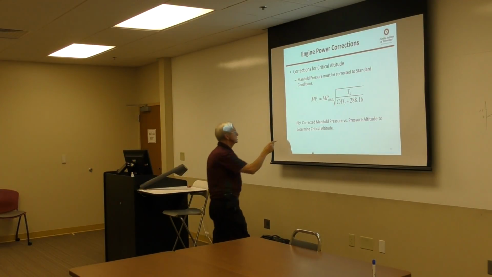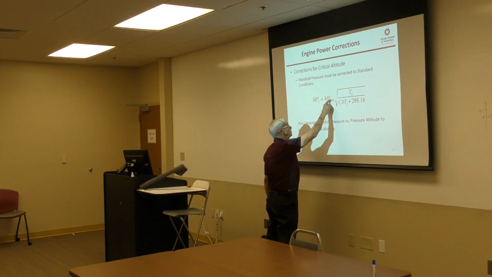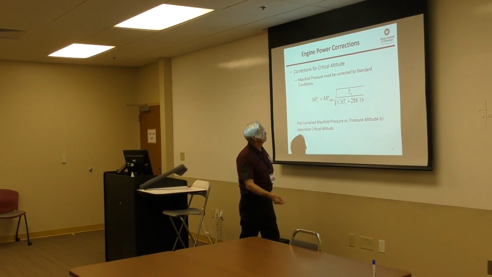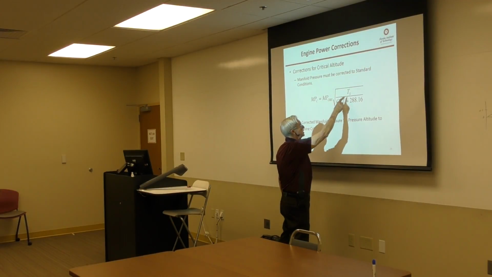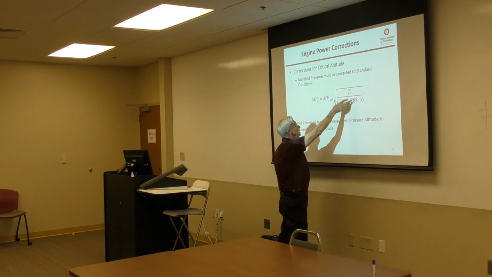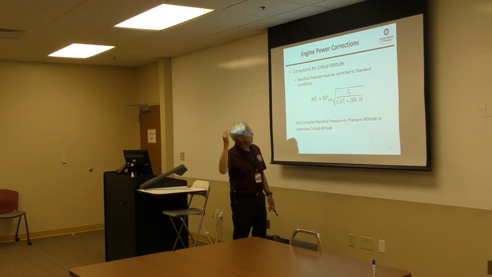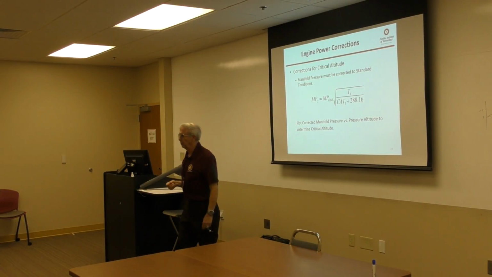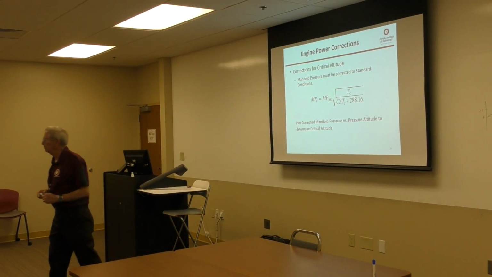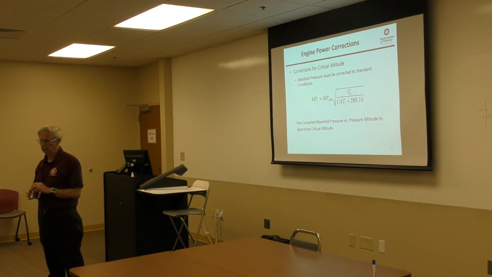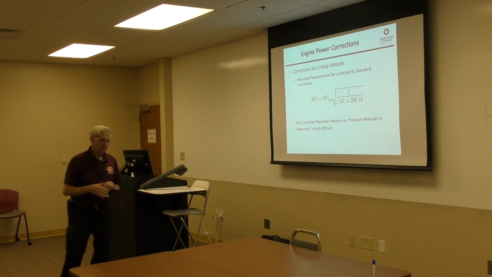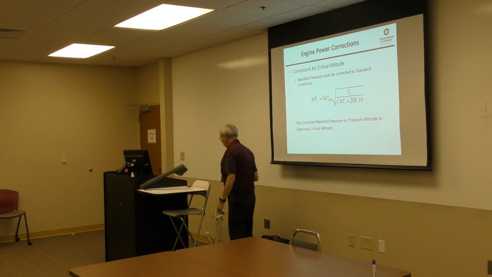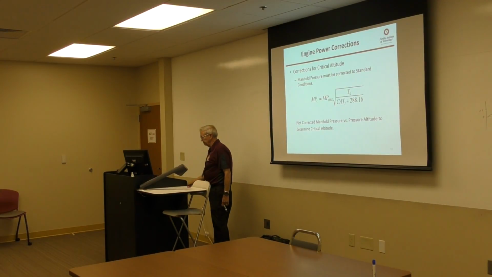So this is the observed manifold pressure that you see as you're going to altitude, and you're reading temperature at the same time. So again, here's our square root equation times the manifold pressure, which gives you the actual manifold pressure for a given pressure altitude. And then you can determine what the real critical altitude for the chart is.